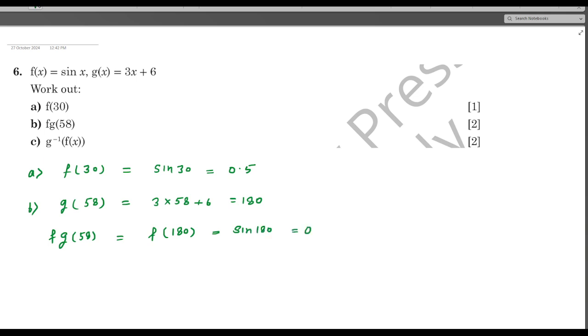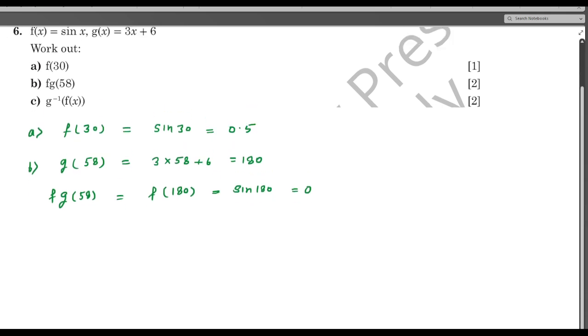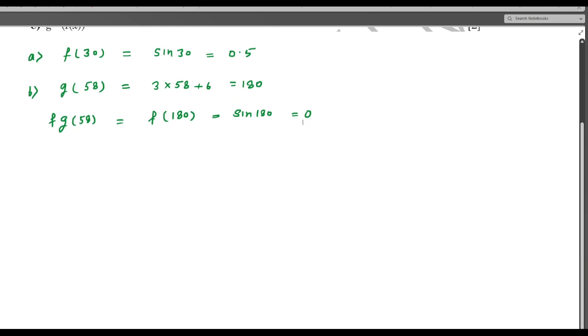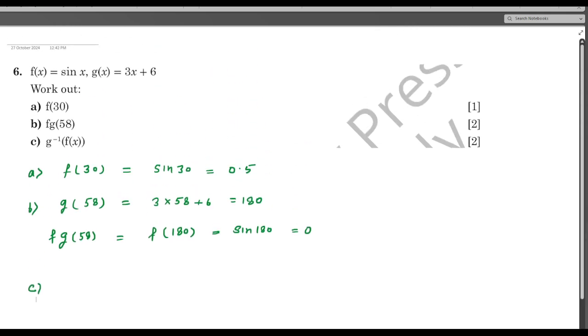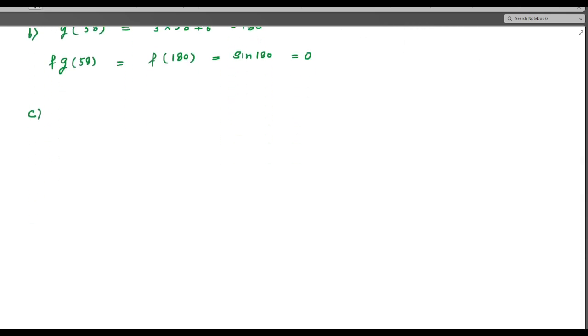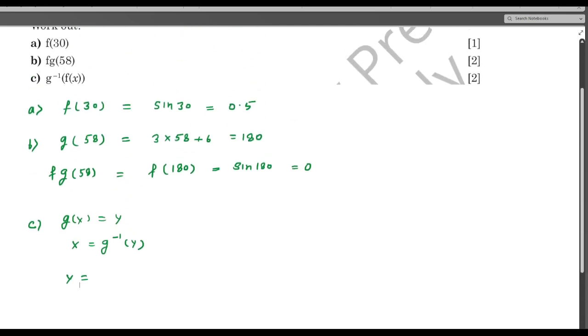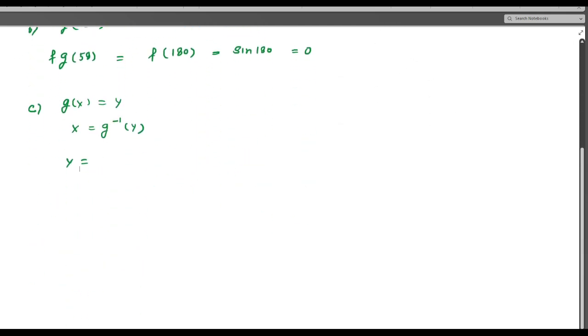Okay, and finally your C, g inverse of f(x). So let us first figure out what is g inverse x. C part is for 2 marks only. Okay, if I consider g(x) equals y, then your x will be g inverse of y. Now your g(x) is given 3x plus 6.